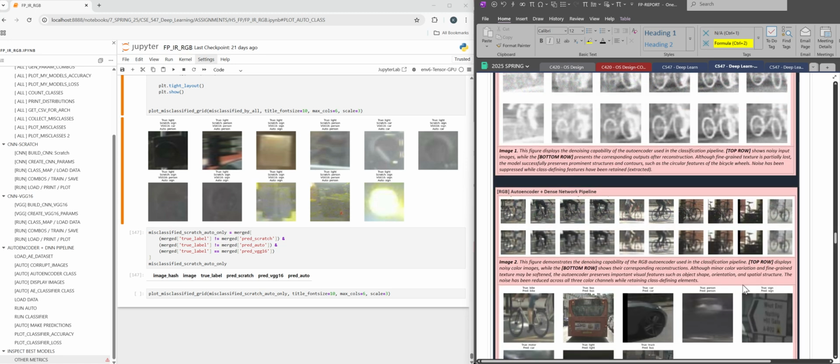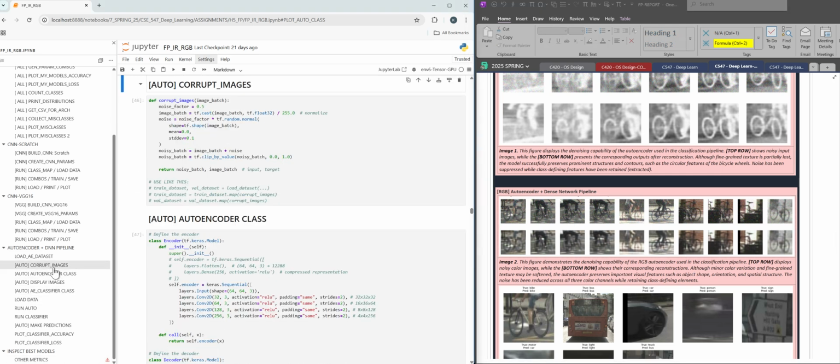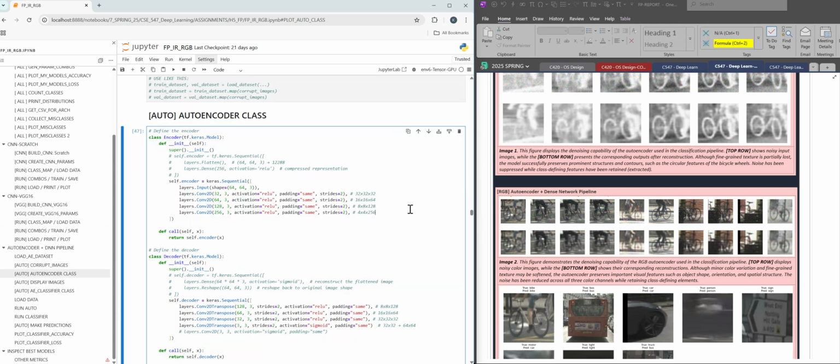And then here it is for the color images, which took a lot longer. And I didn't post it here, and I probably should have, but I changed something very simple. I had taken off these convolutional layers because I was worried about it taking too much time.